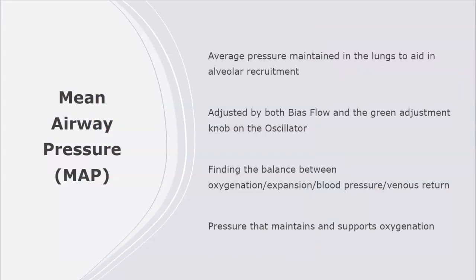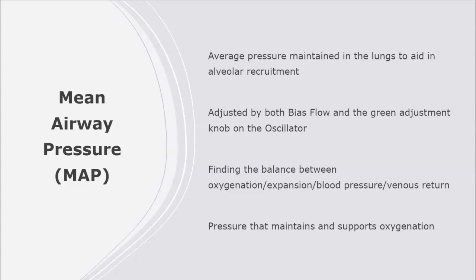Mean airway pressure. So this is the average pressure maintaining the lungs to aid in alveolar recruitment. So I also like to, this is the pressure above PEEP. So we have our PEEP and our PIP. This is the average pressure in the lungs. This is the average pressure we're trying to open up and maintain our lungs open.